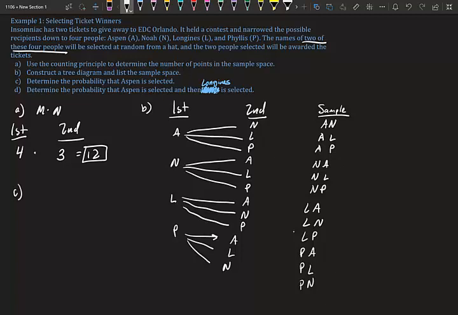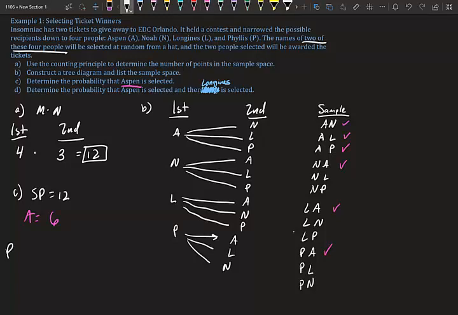That helps us answer a lot of questions. Determine the probability that Aspen is selected. We're going to look for everywhere Aspen wins. So here, here, here, here, here, here. Our sample space is 12 total, and Aspen is picked 1, 2, 3, 4, 5, 6 times.